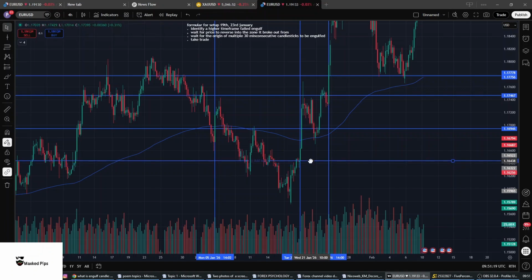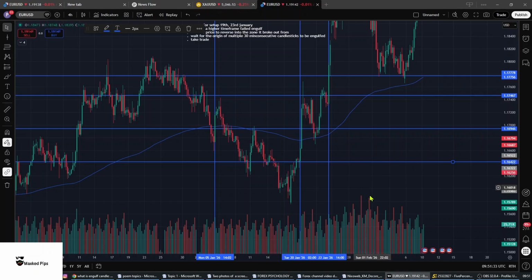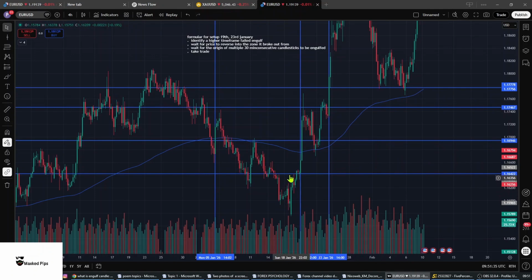So I'm going to put the horizontal line. This green candle here signifies price closing above these two bearish engulfs. So therefore the first part of our setup has been fulfilled, as we've spotted our higher time frame failed engulf, which is on this green candlestick.